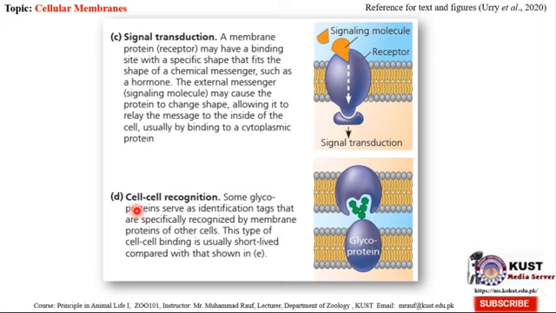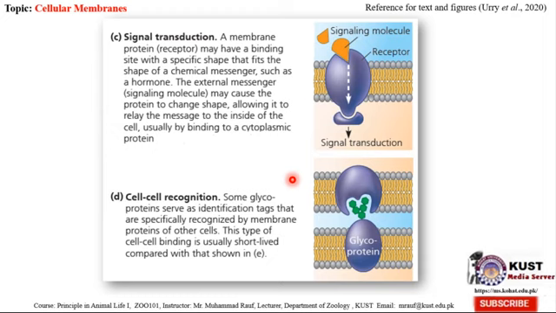Now, cell-to-cell recognition is of course very important because the cells must interact with their environment. The cells forming a tissue must interact with each other. The cells in the immune system must have some mechanism to identify the invading pathogens.